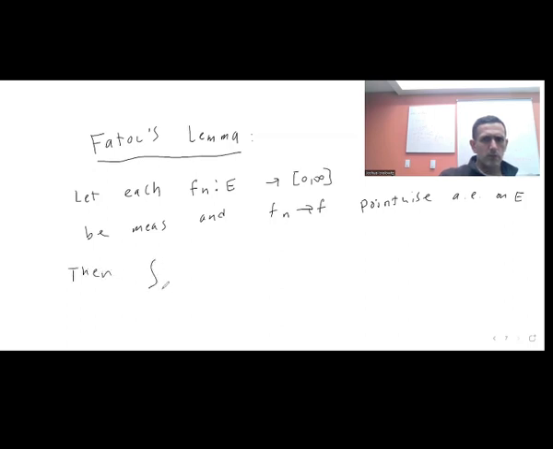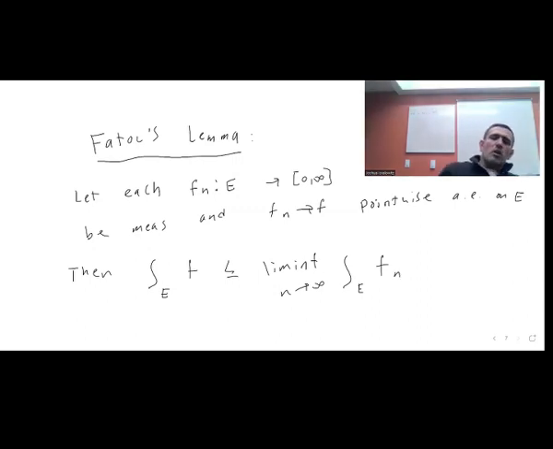So the conclusion is that this is less than or equal to the lim inf of the integral of the Fn's.